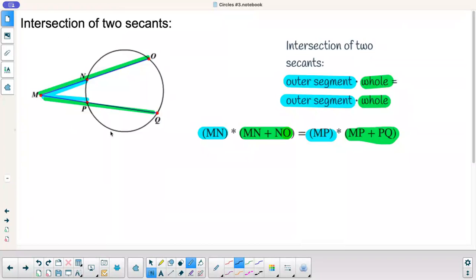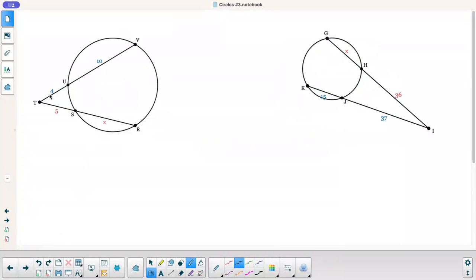So in terms of this picture, MN times MN plus NO equals MP times MP plus PQ. So outer times whole. If I look at the blue here, it's 4 times, add those up, that'd be 14, equals outer times whole. I have to add those up. It's 5 plus x. Got to do a little bit of algebra here.